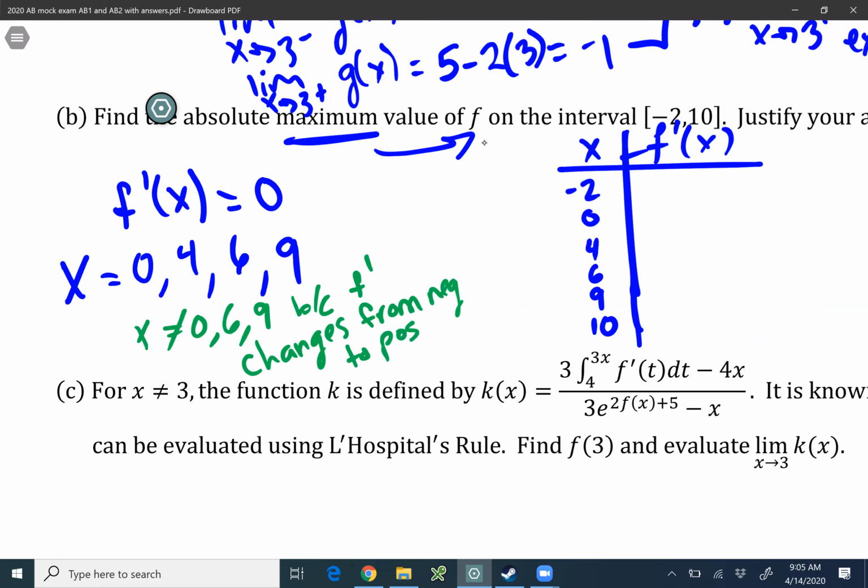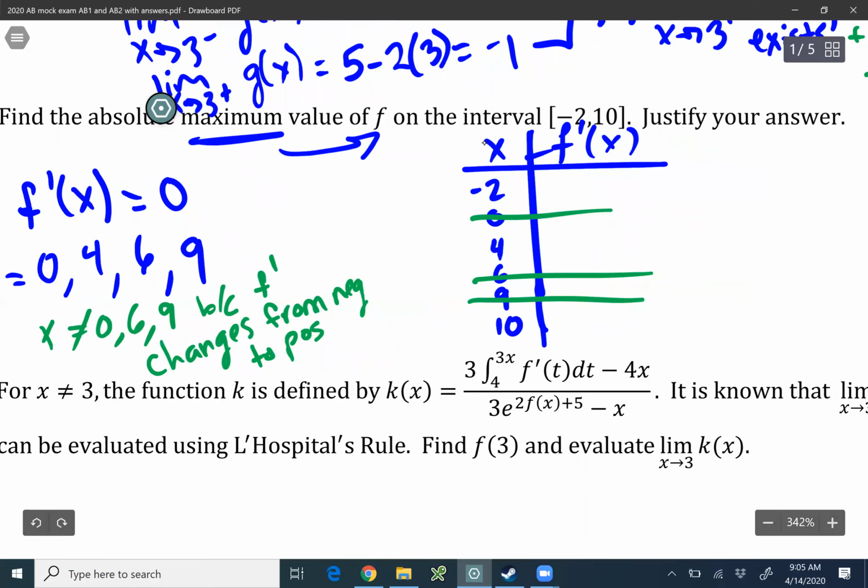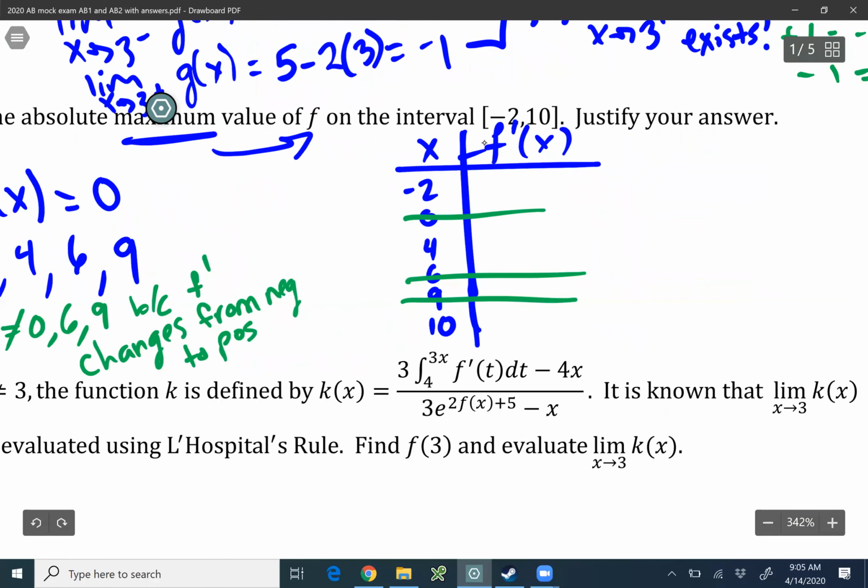So we're eliminating those just so we do a little bit less work, right? So we know that for a local max, it has to change from positive to negative. Now, if you did all of those, it's not a big deal. You'll still get the points, but that would save us some work.